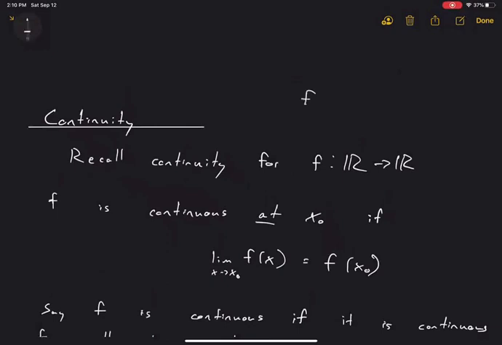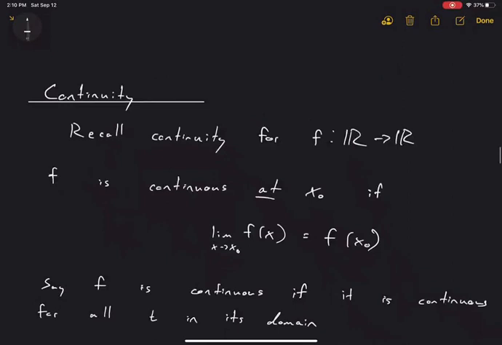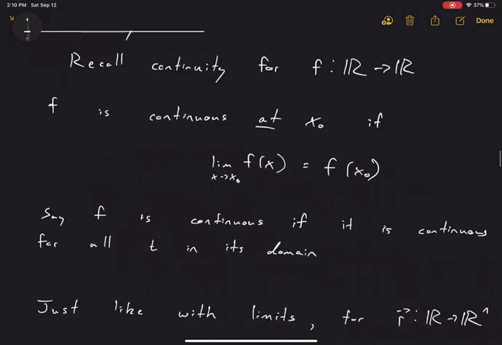We're used to the idea of continuity for our normal Calc 1 and 2 functions from R to R. We have this intuitive idea that a continuous function is one you can draw without lifting your pencil. But we also had this technical definition, and this is what we need to start relying on more and more.